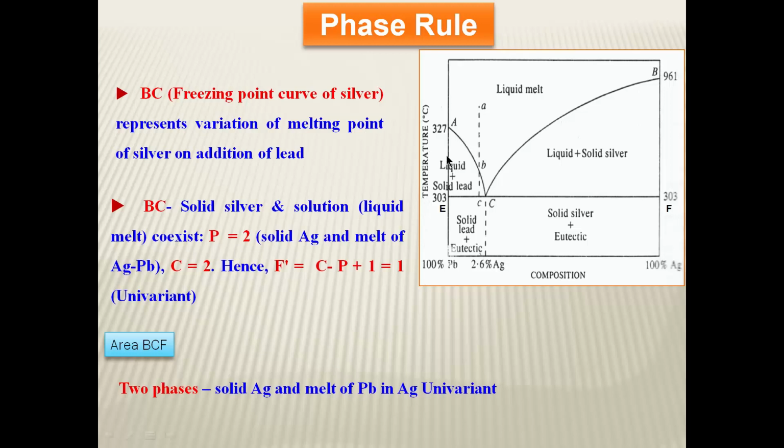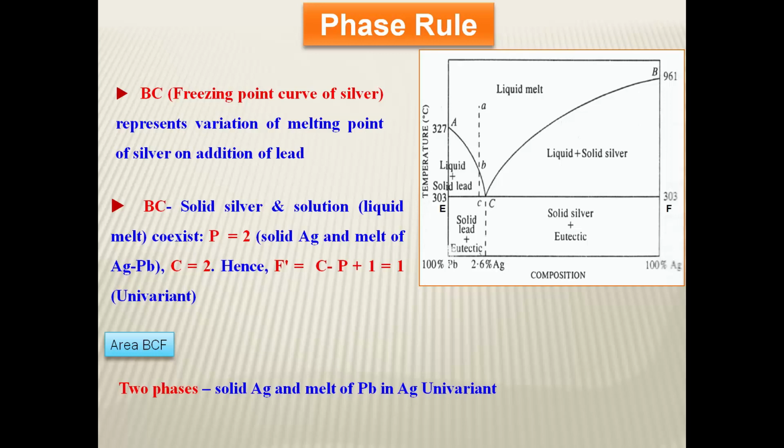As I explained to you how this curve AC is traced, that the liquid melt is cooled, and finally we get the solidified lead and point C is reached, a similar explanation can be given for obtaining solid silver also. In this area BCF, again two phases coexist and the system is univariant.